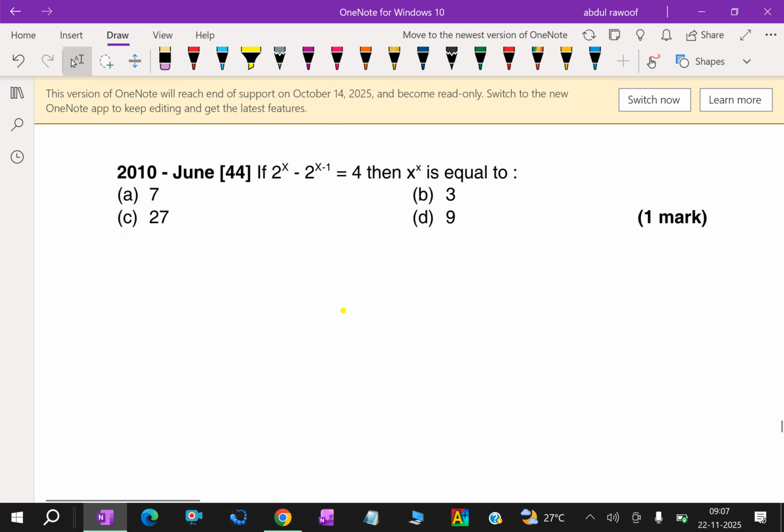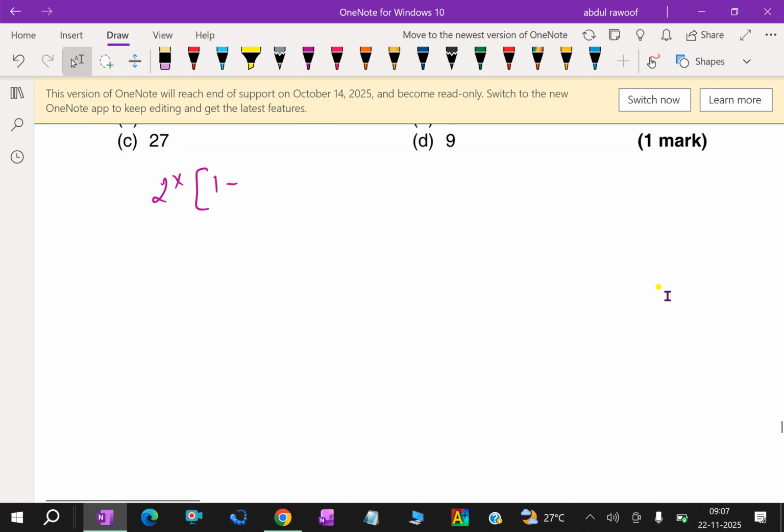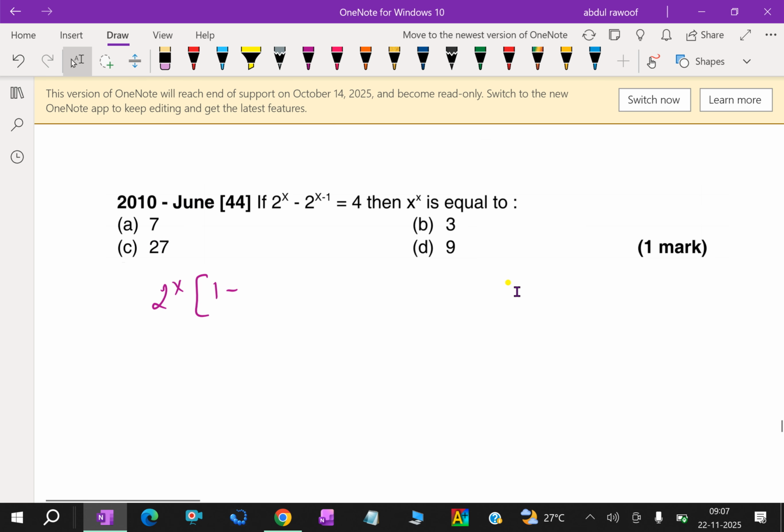I take 2 power x out. 2 power x into 1 is 1. Here 2 power x minus 1 means 2 power x over 2 power 1, that is 1 by 2. 2 power x taken out, this is 1 by 2, which is equal to 4.